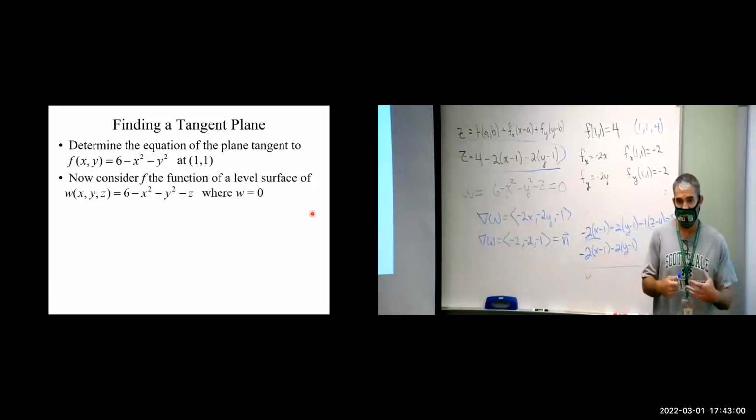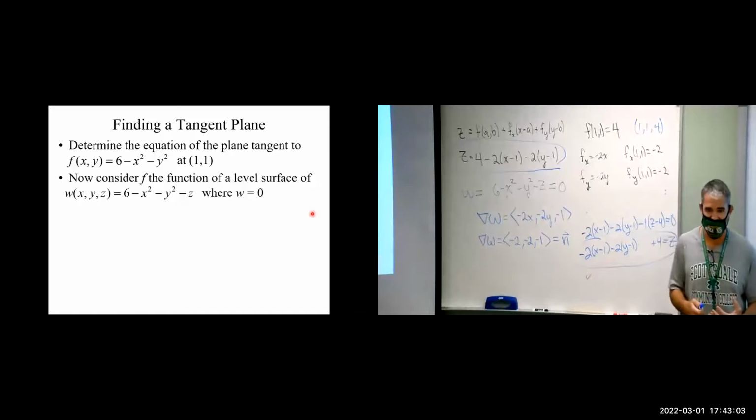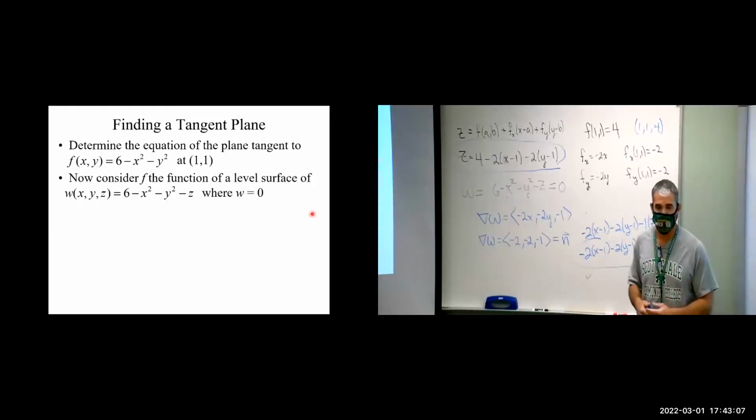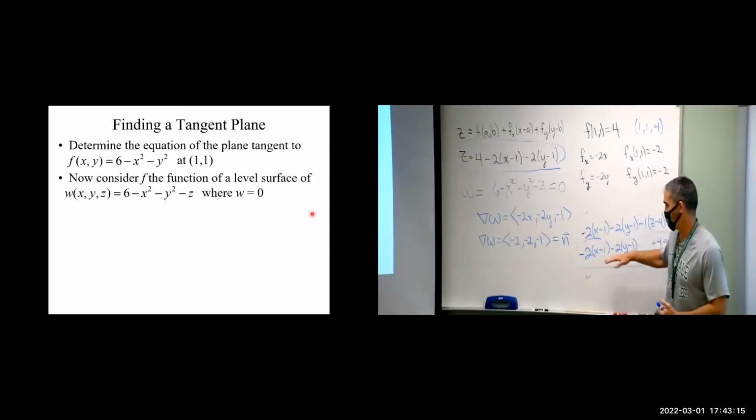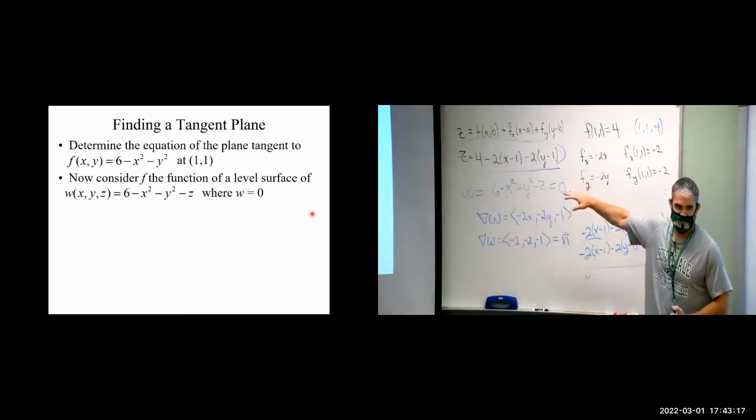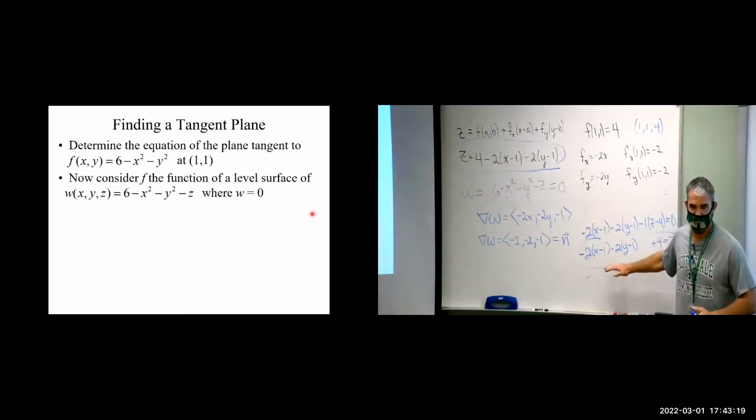But again, this is really to drive home the point that what the gradient gives us for a function of 3 variables is a vector that is perpendicular or normal to the level surface. And we can see that clearly because it gave us the exact same tangent plane by doing the point normal form.